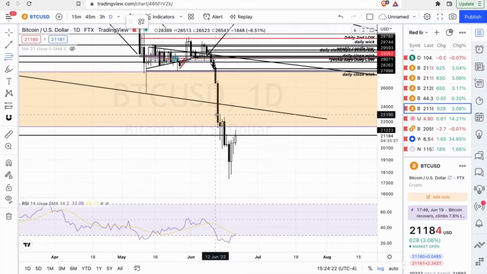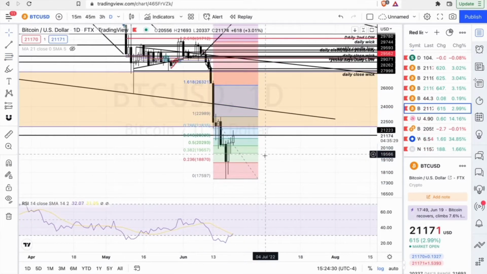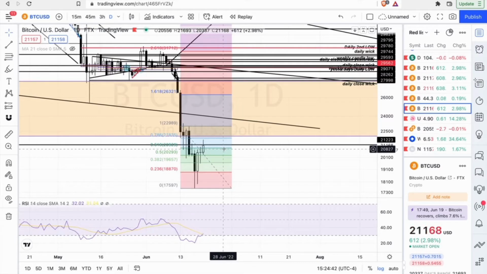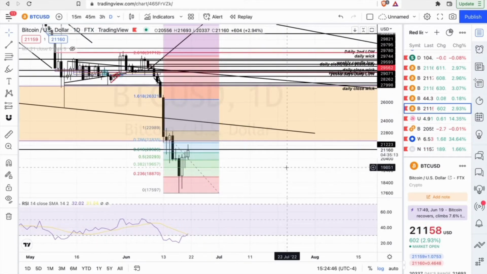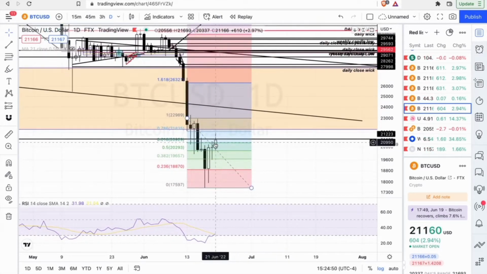But if we were to draw a fib from this drop high to the lowest part of the drop, the lowest low, lowest wick, we can see right now we haven't tested the 0.786, haven't tested the 0.80, but we are battling to stay above this 0.618 area. Let me make sure that's the 0.618. Yep. So the 0.618 we are above right now on a daily time frame.